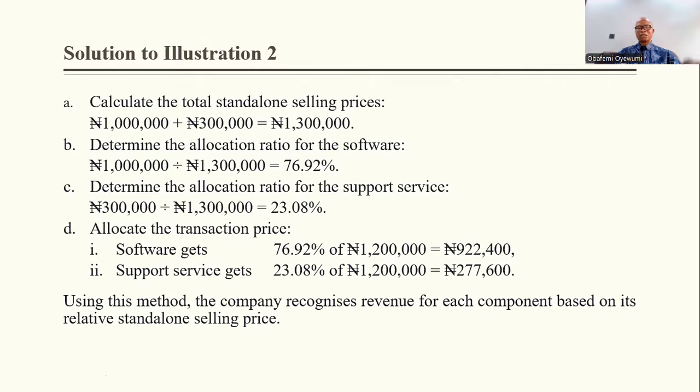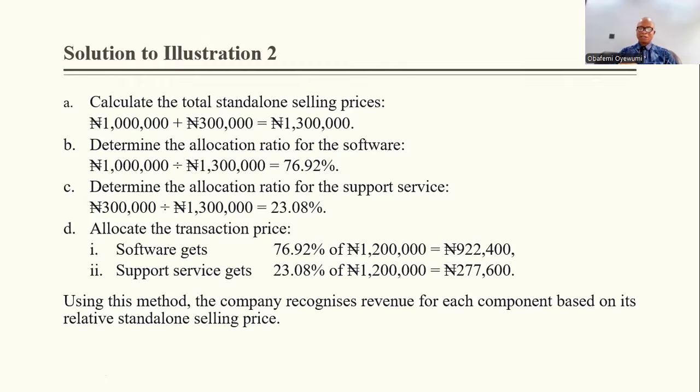You now use the ratio for software to get the amount to recognize for the software. So you'll be recognizing 922,400 naira as the price for software, and 277,600 as the price of the support service. That's what is expected.